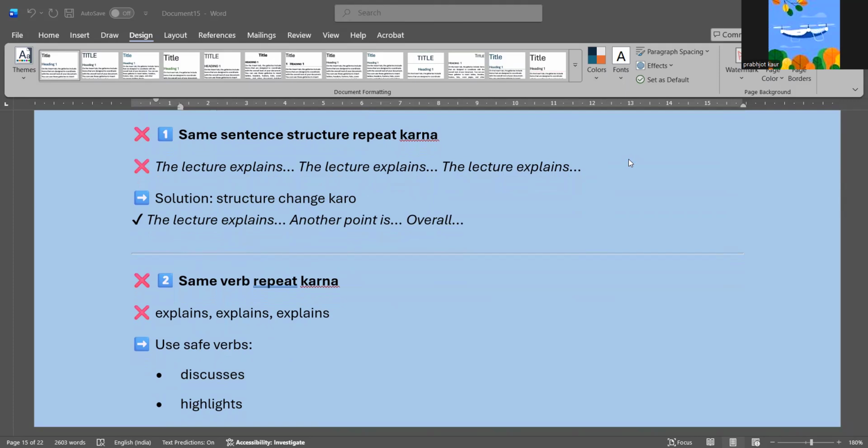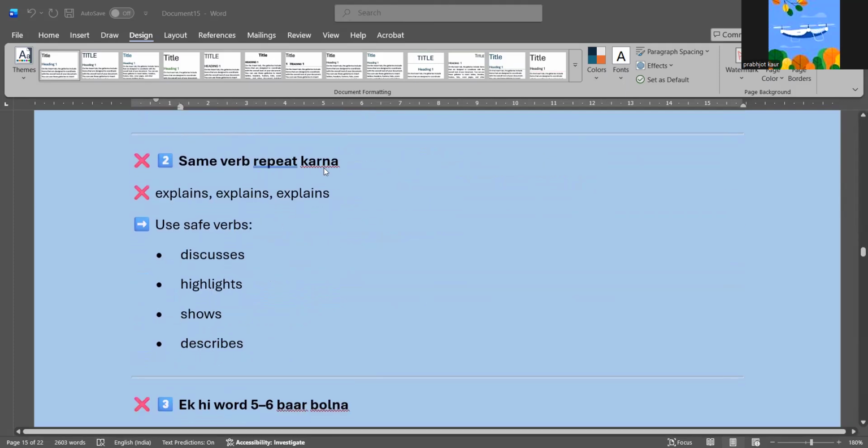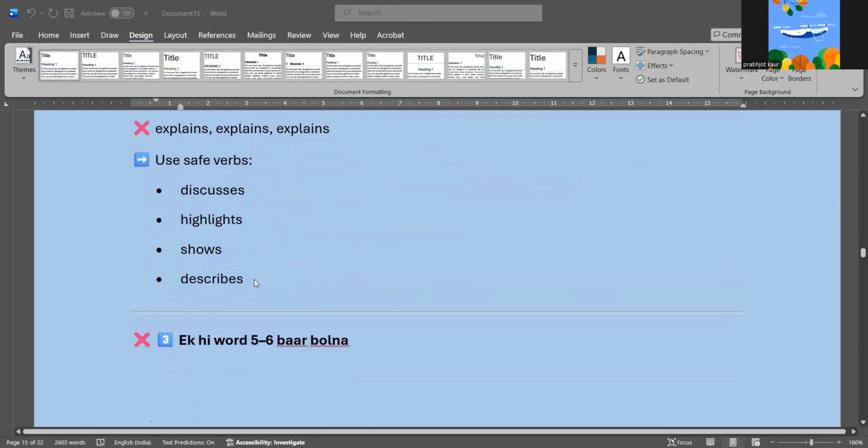That type of word you should not repeat again and again. Use safe verbs: discuss, highlights, shows, describes.